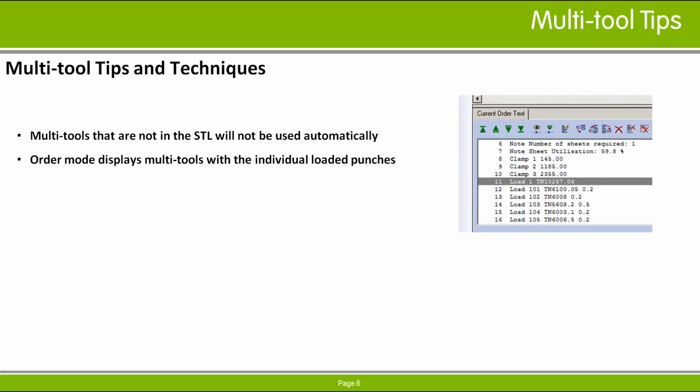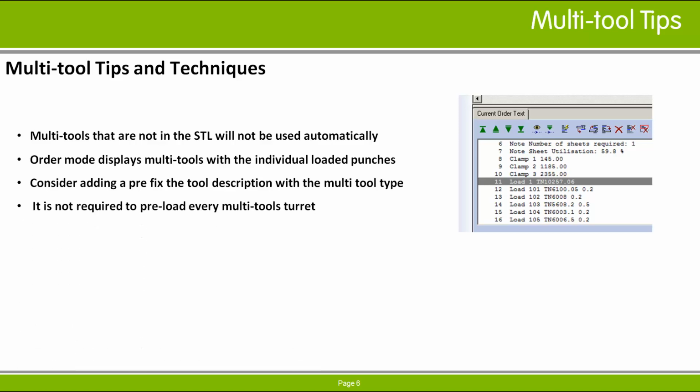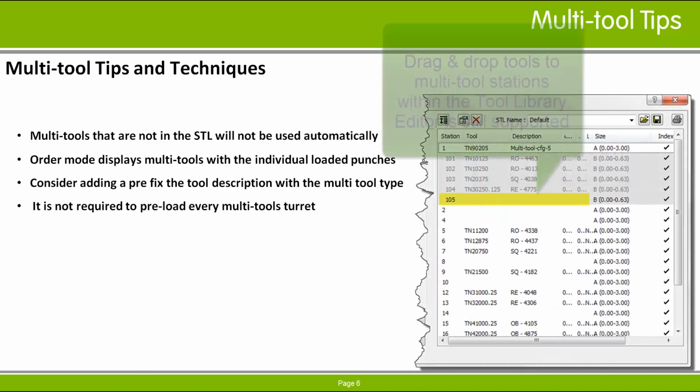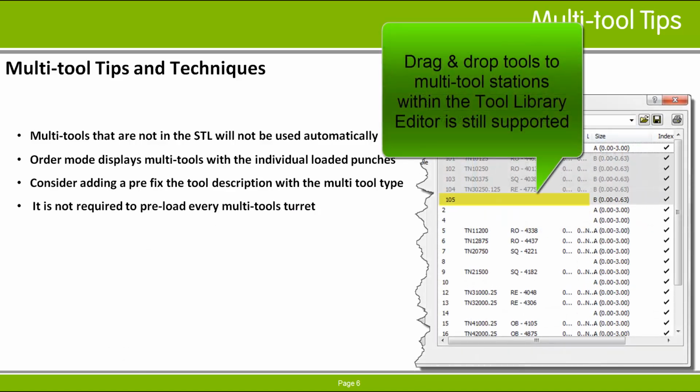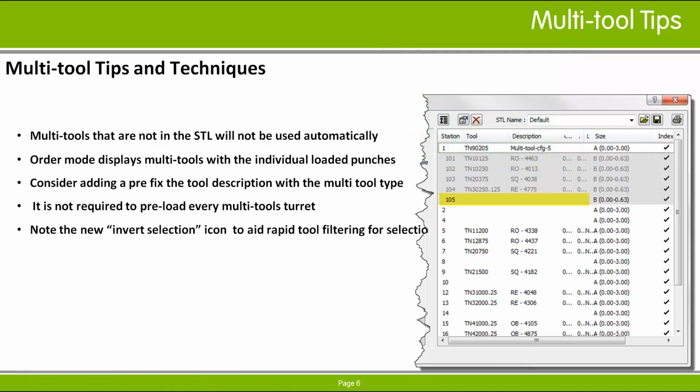It's a good idea to prefix the tool description with the multi-tool type to aid selection of the multi-tool. It's not required to preload every multi-tool turret. Empty multi-tool stations can still be loaded from the main Tool Library Editor. And check out the new invert selection icon to aid rapid tool filtering for selection in both the Tool Library Editor and the Add Multi-Tool dialog. Let me demonstrate that in Radan.